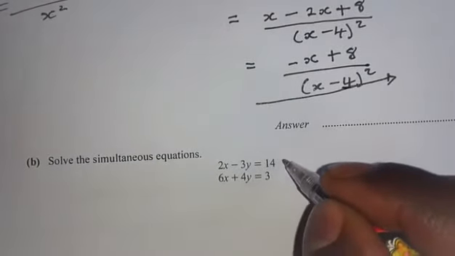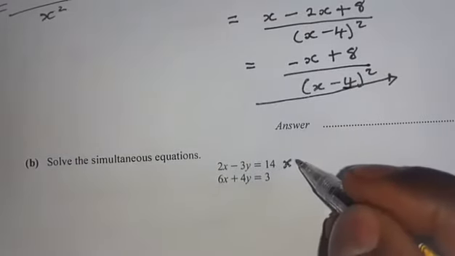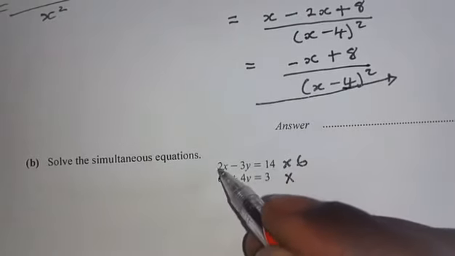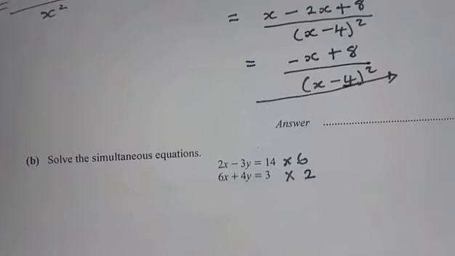So the coefficient of x in the second equation, which is 6, is going to multiply the first equation. Then the coefficient of x in the first equation, which is 2, will then multiply the second equation. When doing this multiplication, you have to multiply both sides so that you create a common coefficient of x.